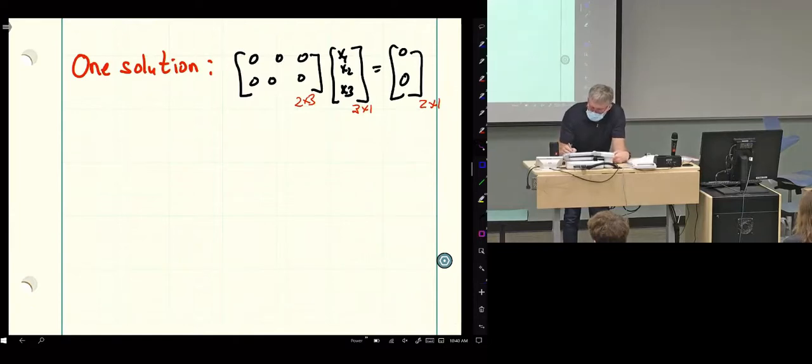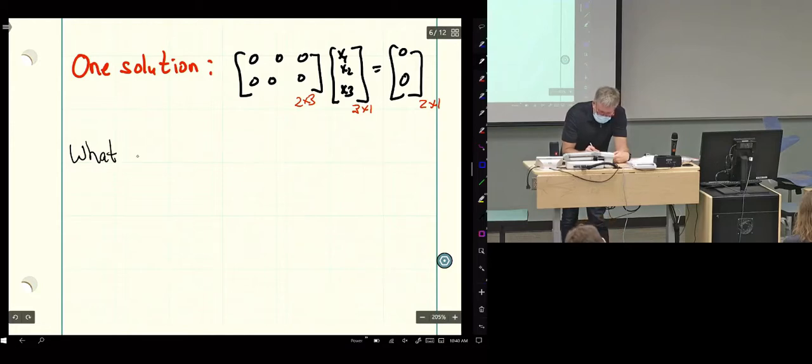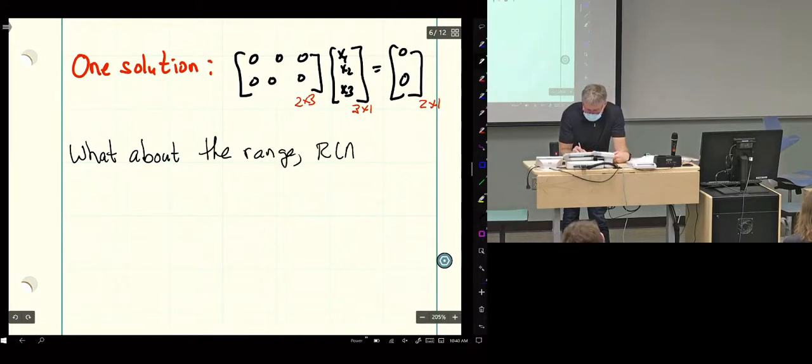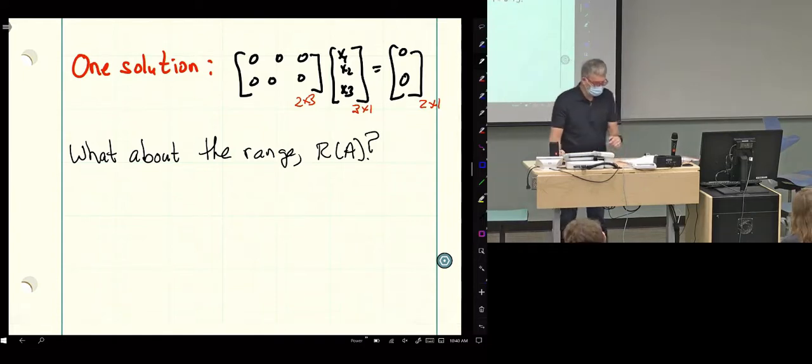Okay, now so that's the null space. Now, what about the range? Okay, so what is that telling you?